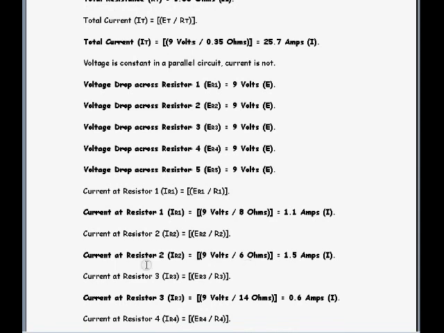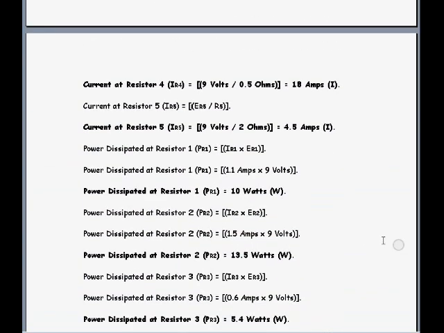And then to get the current at resistor 1, again, I is equal to E over R, so E, 9 volts divided by 8 ohms, the resistance of resistor 1, so 1.1 amps at resistor 1. Repeat the process, 9 volts over 6 ohms, 9 volts over 14 ohms, and on and on, so we get all 5 resistors.